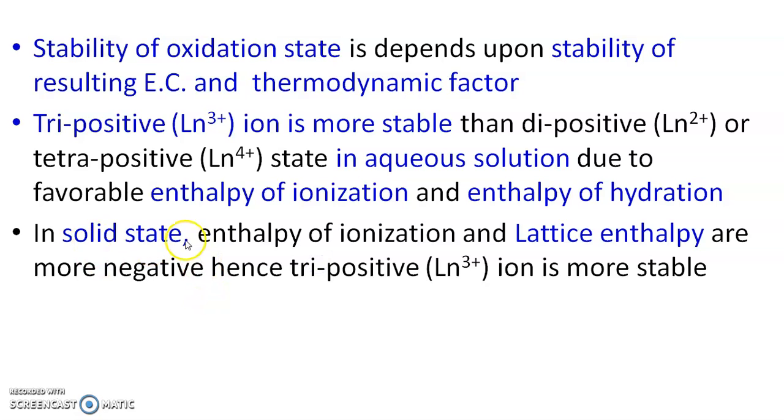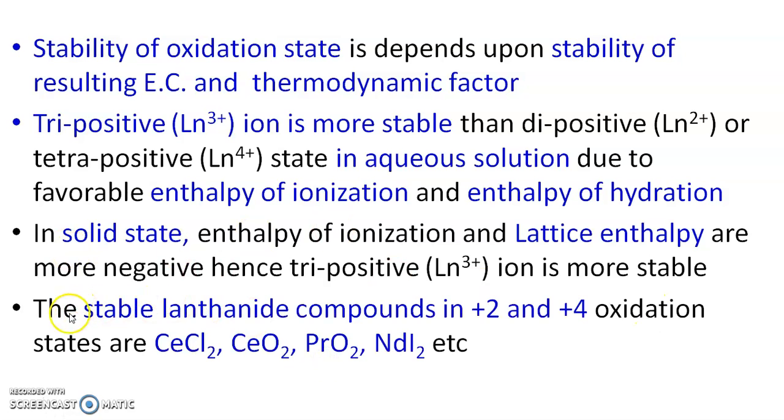In the solid state also, the enthalpy of ionization and lattice enthalpy of the +3 ions are more negative, and therefore tripositive ions are more stable in the solid state also. And the stable lanthanide complexes in +2 and +4 oxidation states are cerium chloride, especially cerium dichloride, cerium dioxide, promethium dioxide, and neodymium iodide.